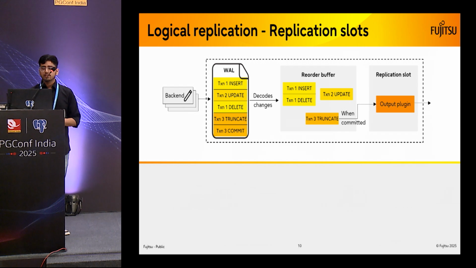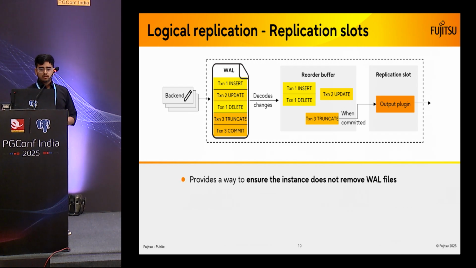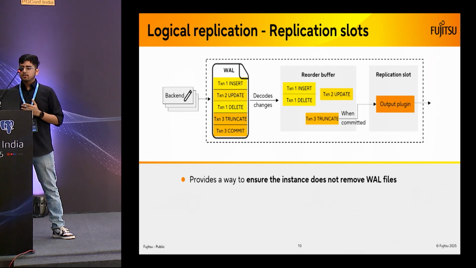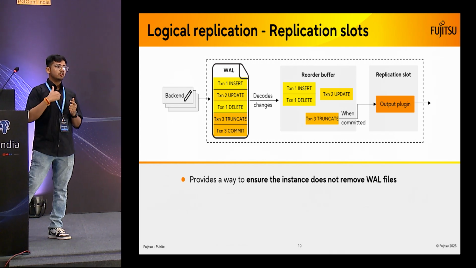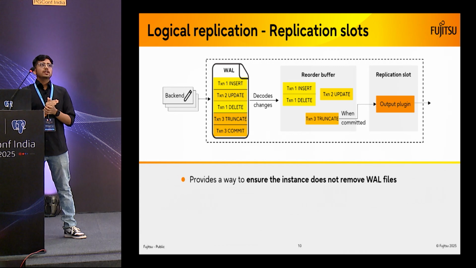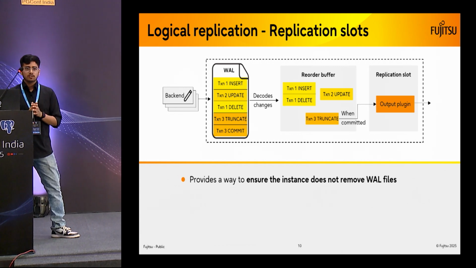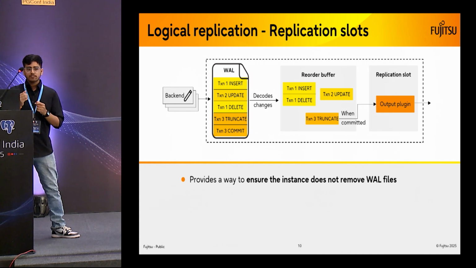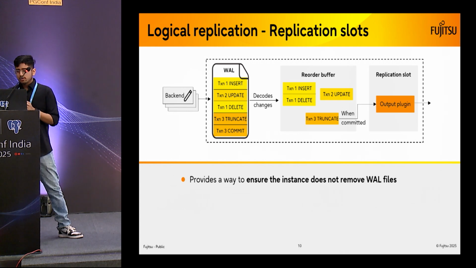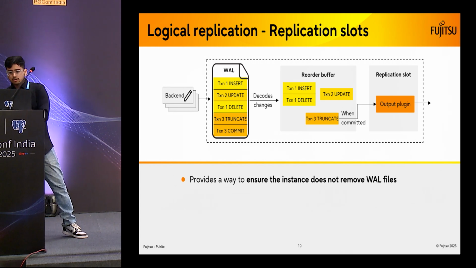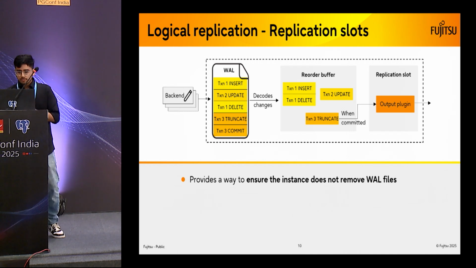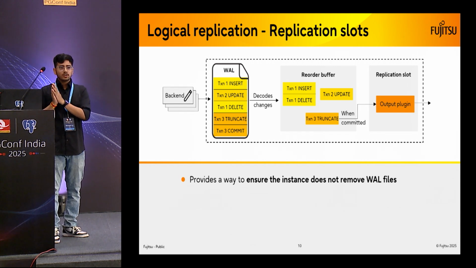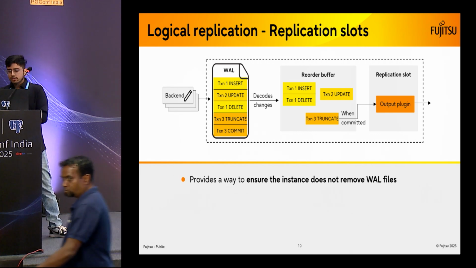Now let's talk about replication slots. Replication slots are an object which ensures that the WAL files are not removed. Basically, in Postgres, there is a mechanism of WAL recycling. So what happens is that logical replication slots or physical replication slots keep the value of the LSN up to which the replication has been done from the upstream to the downstream.